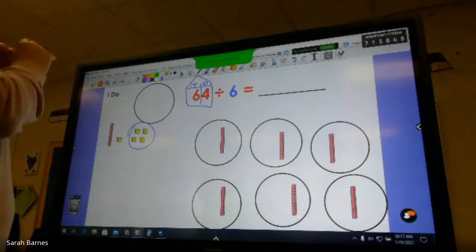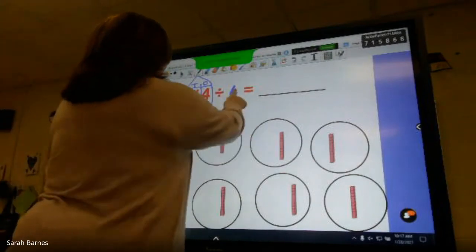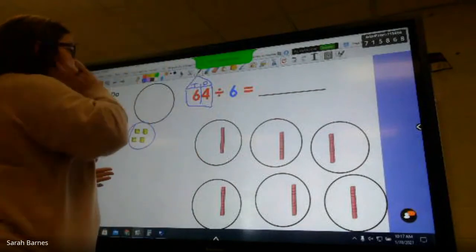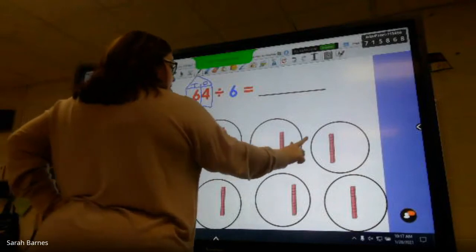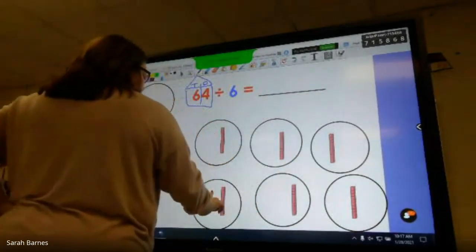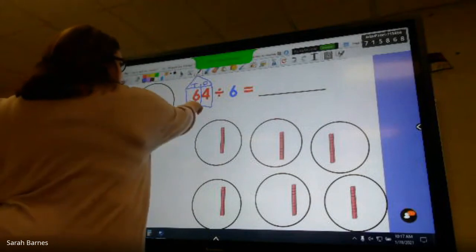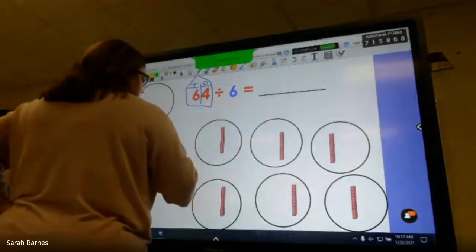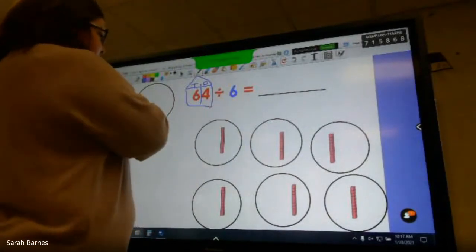Okay, so it wants to know how many I have in each group. So let me look at my groups. 10, 20, 30, 40, 50, 60. Okay, so there's 60. 10 and 10 and 10 and 10 and 10 and 10. So I can agree that each circle has 10.